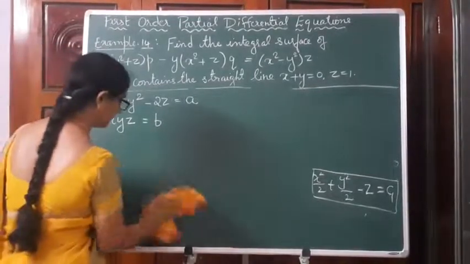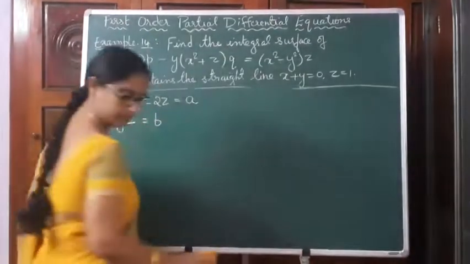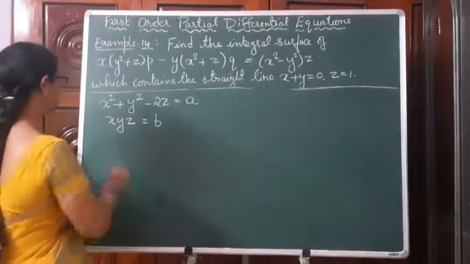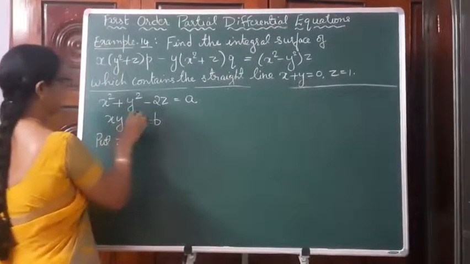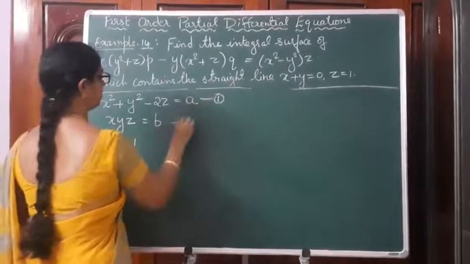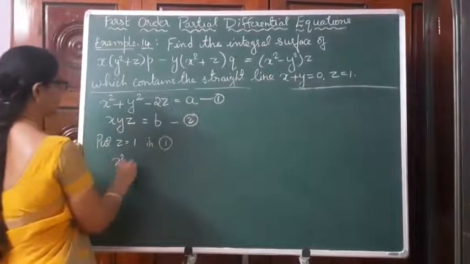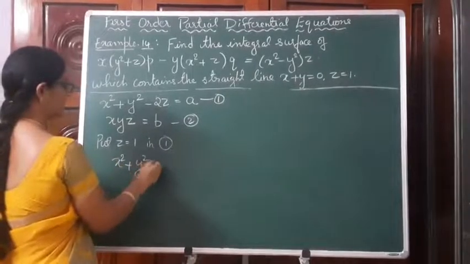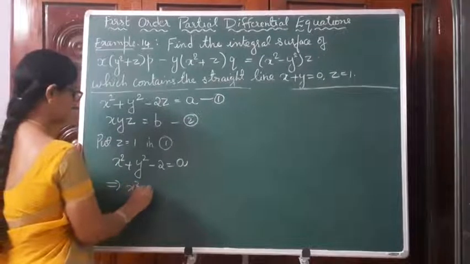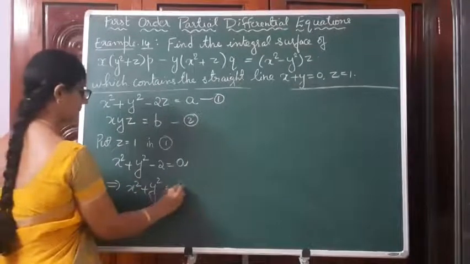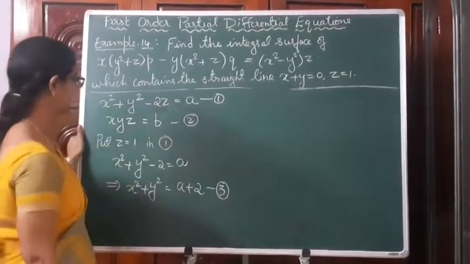Now we are given that this passes through the line z is equal to 1. So put z is equal to 1 here. If z is equal to 1 in equation 1, what do we get? x square plus y square minus 2 is equal to a. That is x square plus y square is equal to a plus 2. Let us call this equation 3.